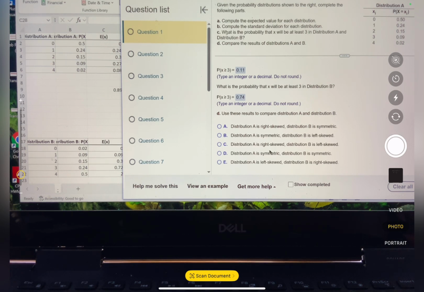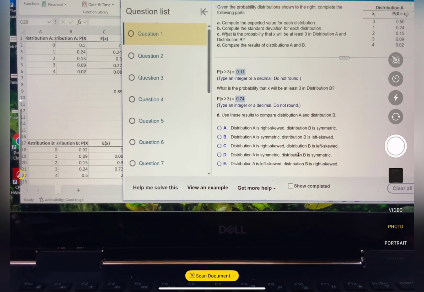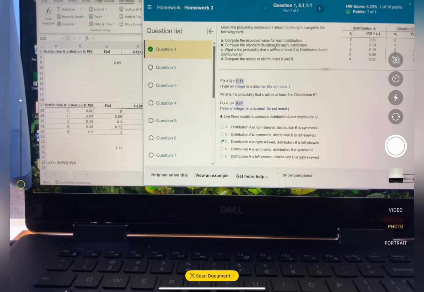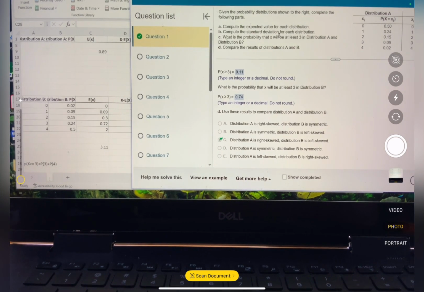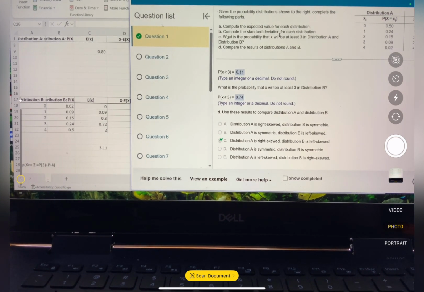Distribution A symmetric, B is left skewed, and distribution A is right, and so on. All right, let's figure it out. I just by accident pushed the answer, but that doesn't matter. I will explain. Okay, so let's see.